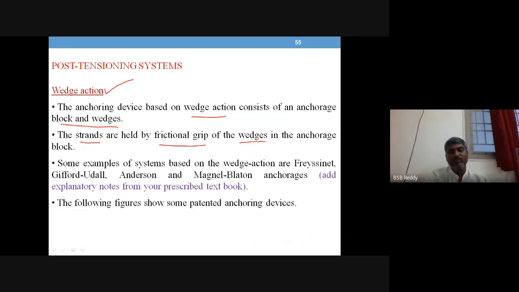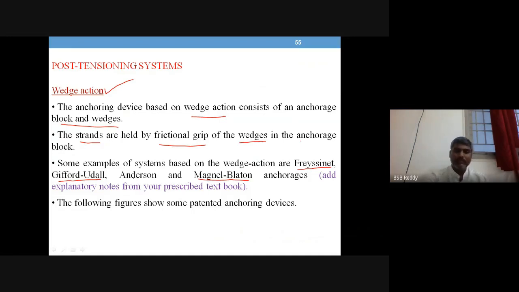Some of the wedge action systems available are the Freyssinet anchoring device, Gifford-Udall system, Magnel-Blaton system, and Lee-McCall system. Likewise, there are many such anchoring devices. Like I said, there are around 60 plus anchoring devices that have been patented.